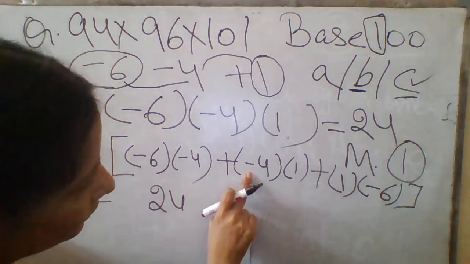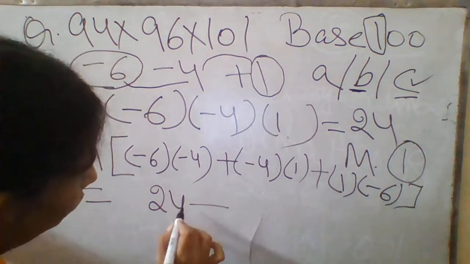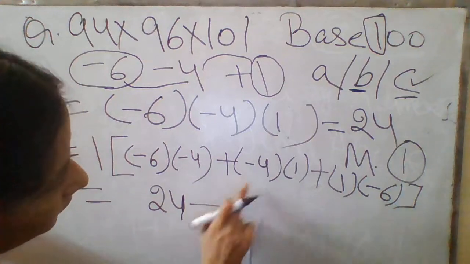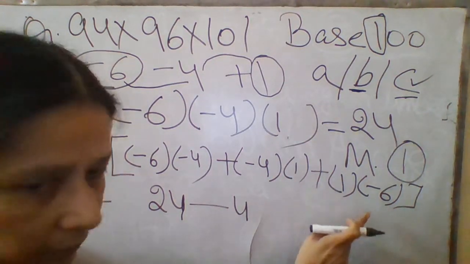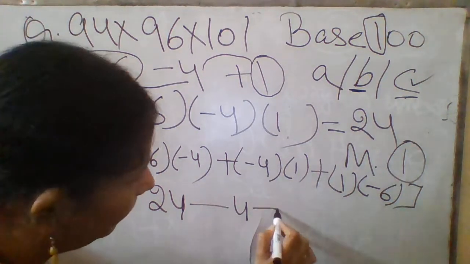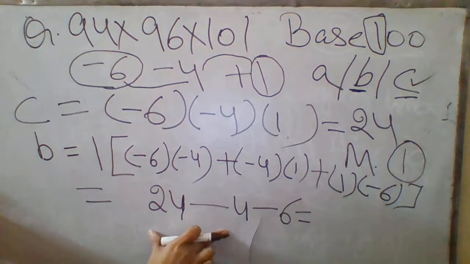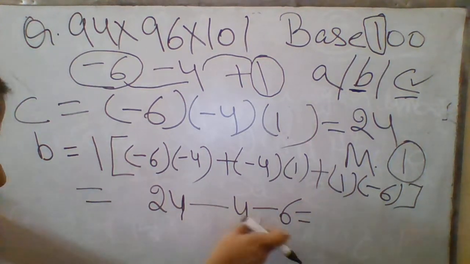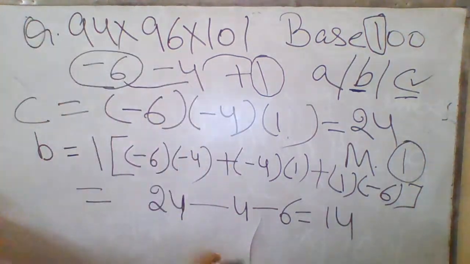So minus, when you multiply negative into positive, that will be minus. Okay. So this is minus, and 4 1s are 4. Then again in the next term, -6 into 1 will be -6. And when you solve this, 24 minus 4 is equal to 20. And then after 20 you subtract this 6. Then you will get here 14. Okay.